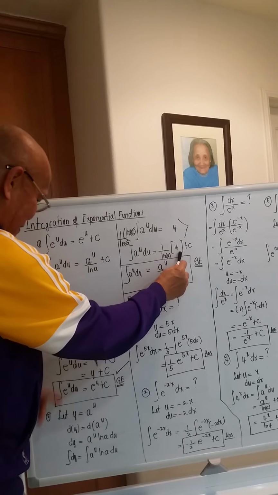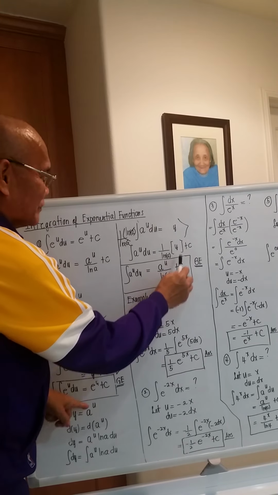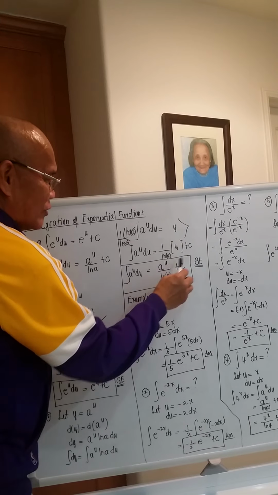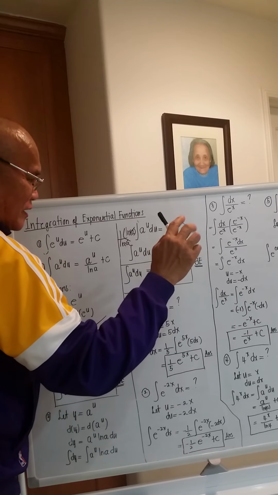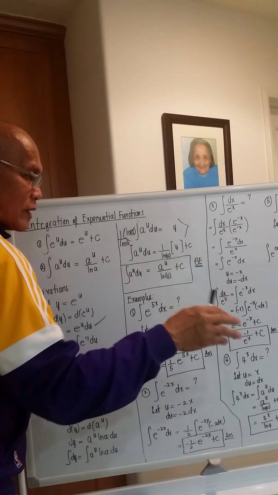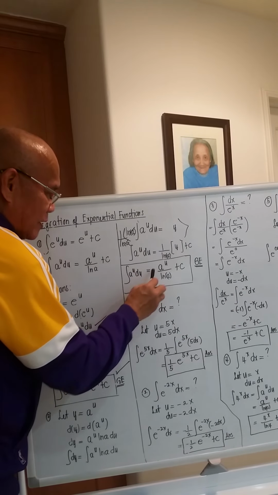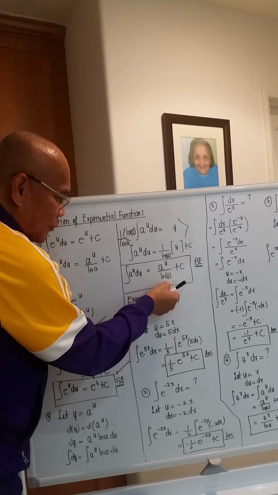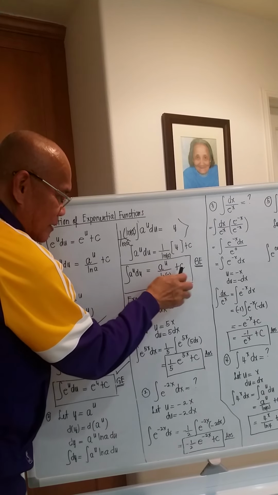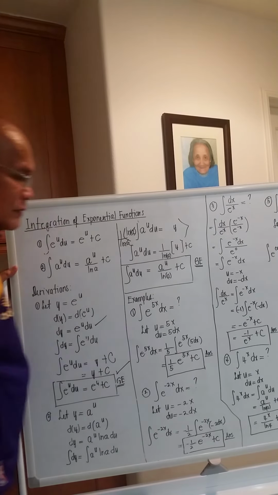But what is y? Y is e to the u. This is plus c. So the final general formula on how to take the integral of a to the u du is a to the u all over the natural logarithm of a plus c.